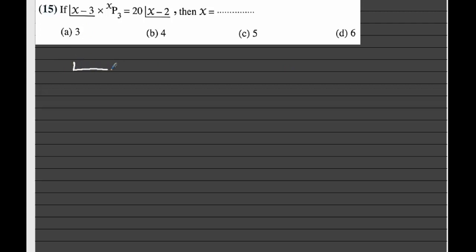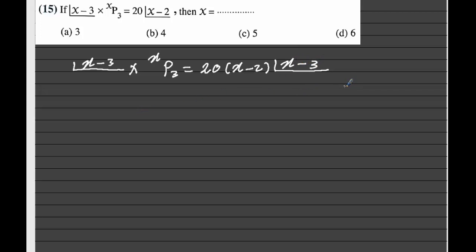Factorial x minus 3 multiply x P 3 equals 20 multiply x minus 2 factorial, where x minus 2 minus 1 will be x minus 3.